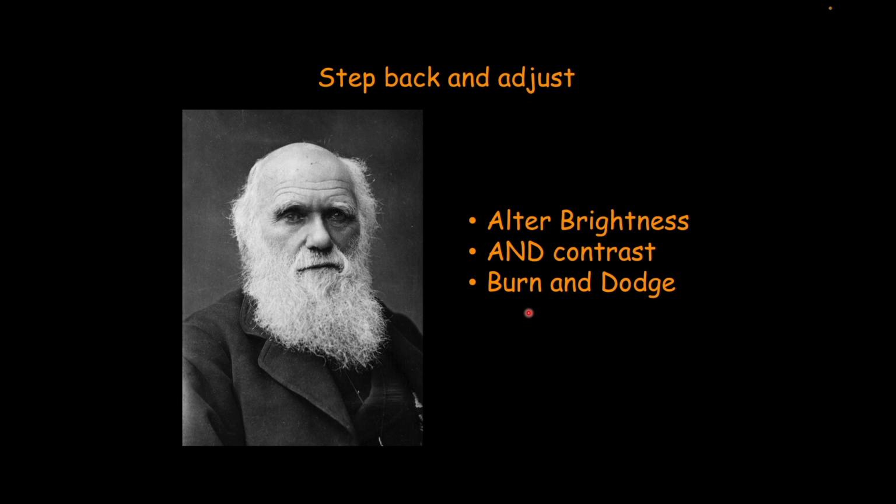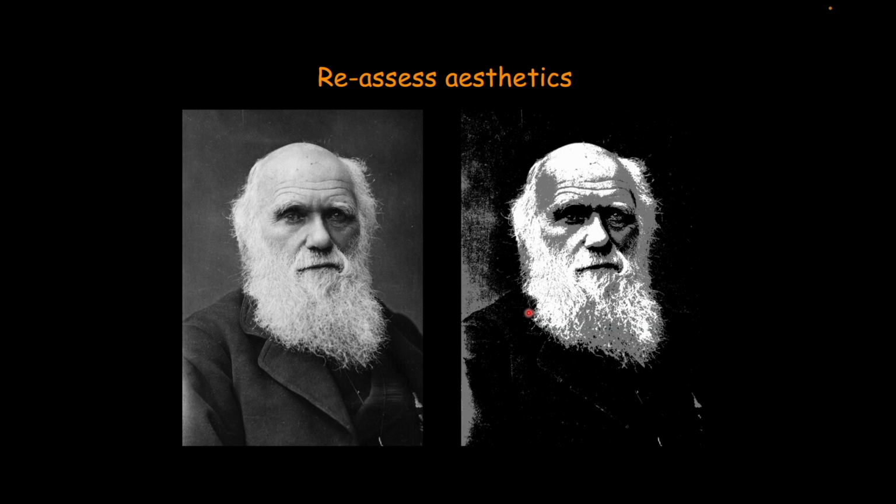So we're going to do this function in Photoshop, and so we can actually reduce some of the light in these really gray areas and start seeing some of the additional details of Darwin's eyes.